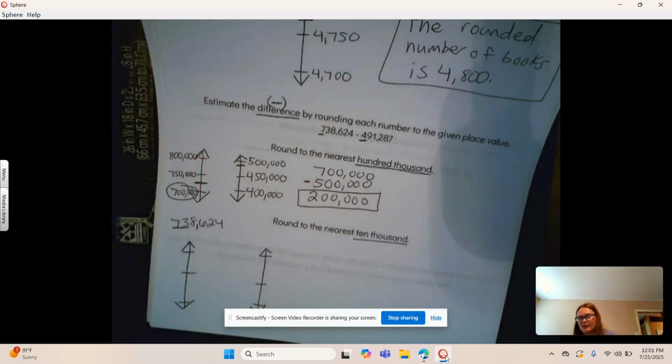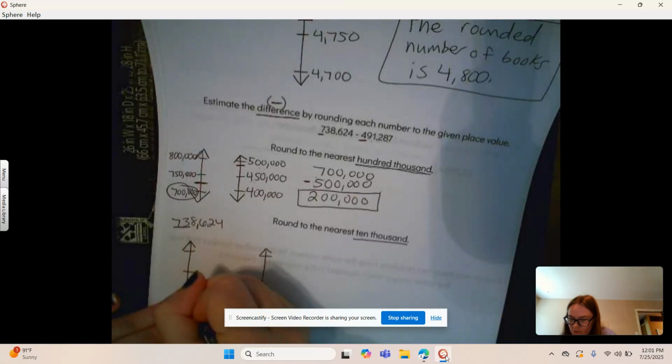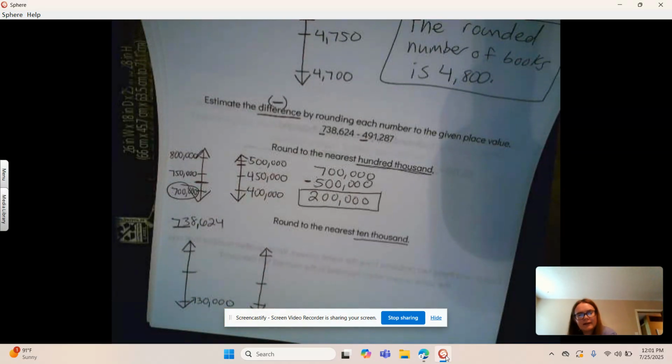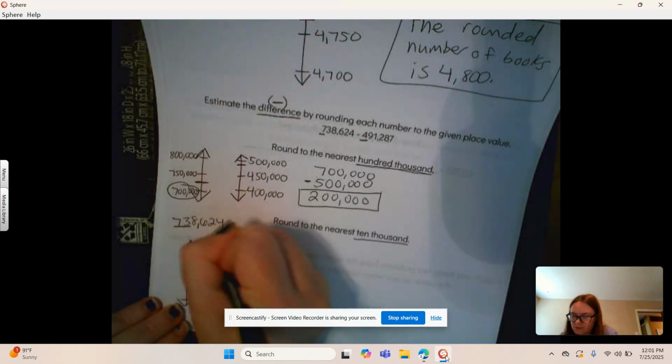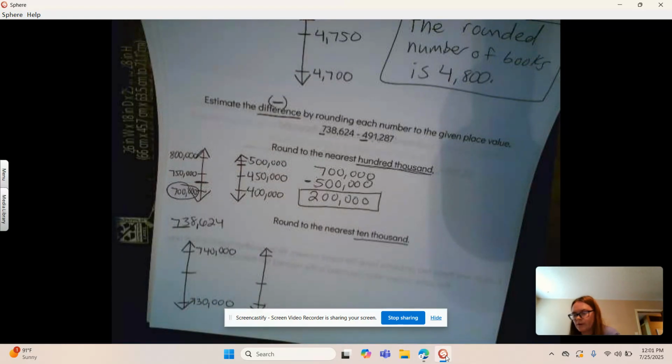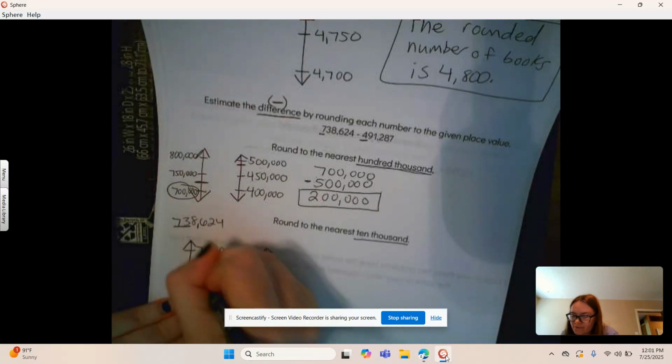How many 10,000s are in this number? 73 10,000s. Good. So our bottom number is going to be 730,000. What's the next 10,000? 740,000. Good job. What's the midpoint between 730,000 and 740,000? 735,000.